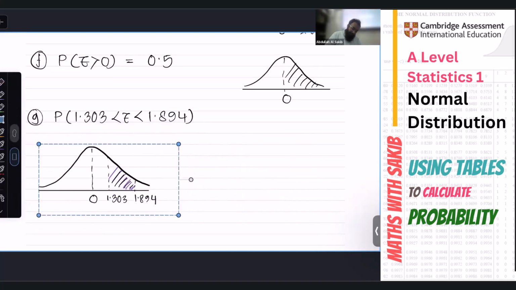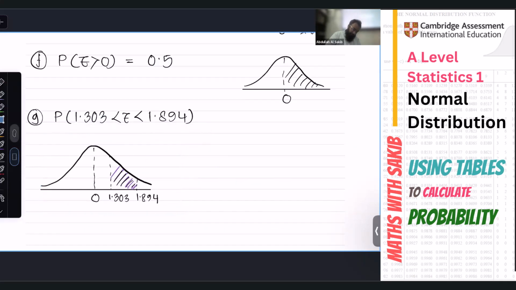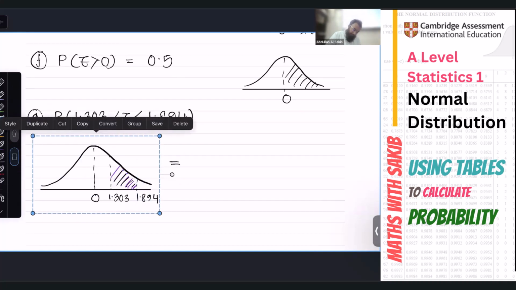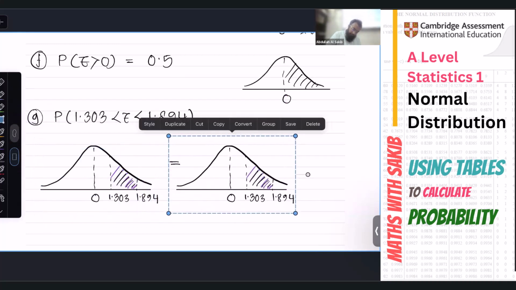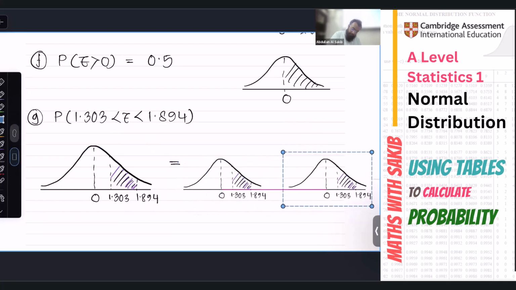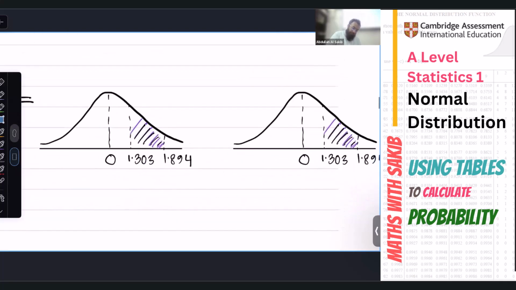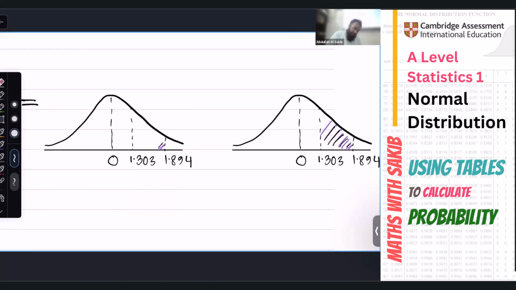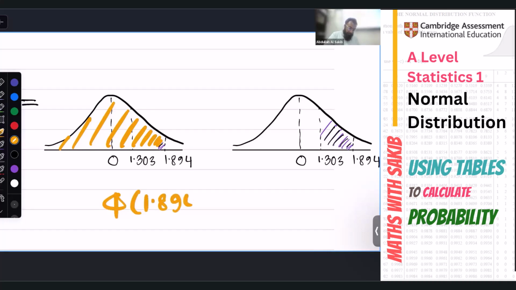First, we find the area up to 1.894, that is phi of 1.894.